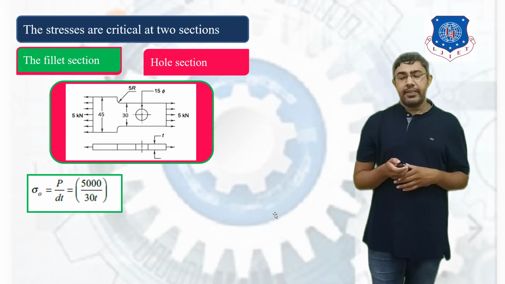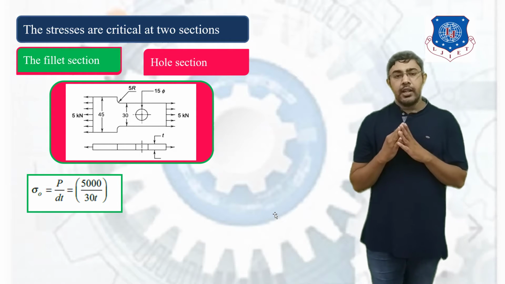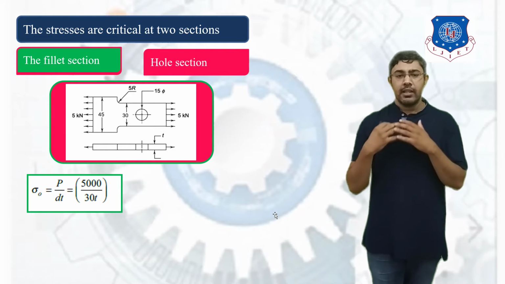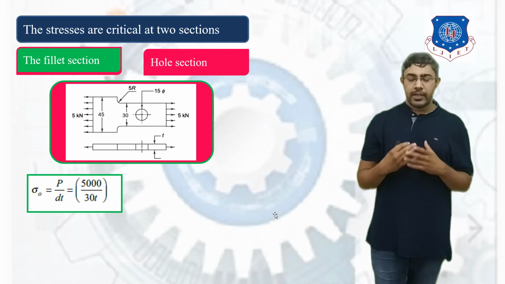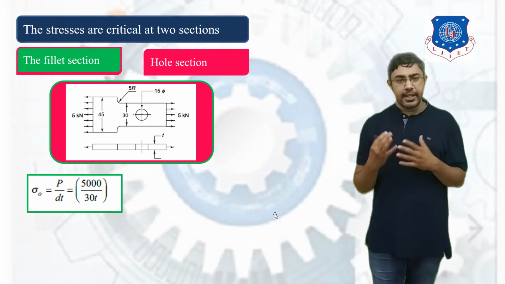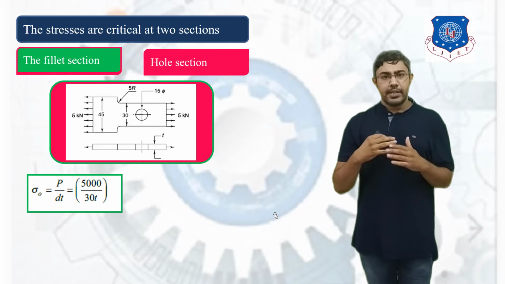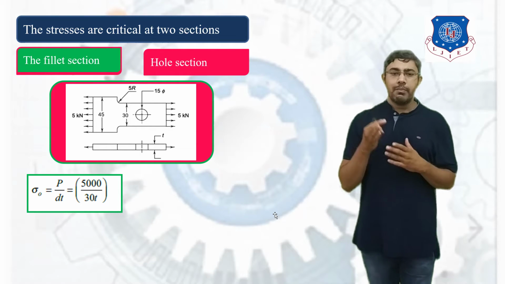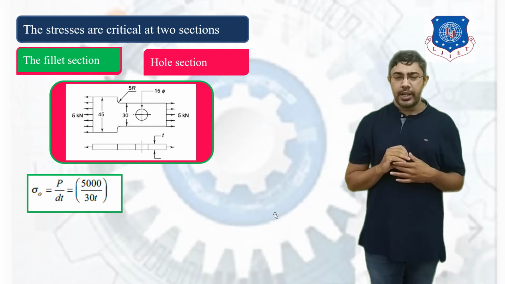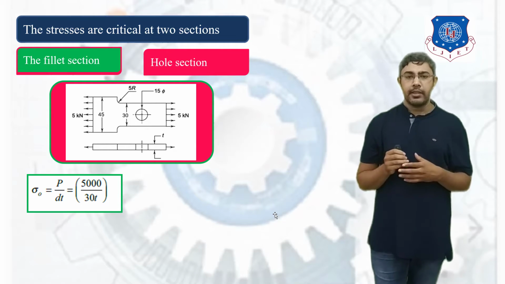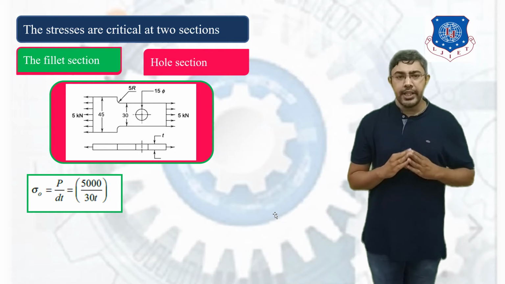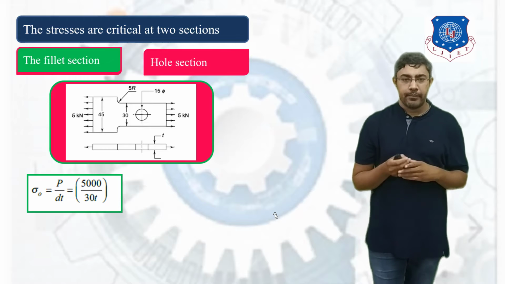To calculate the maximum stress at the fillet section, we first need the value of sigma 0, which is the elementary stress. Sigma 0 is equal to P upon d into t. P is 5000 N, and d is the smaller width of the plate, 30, into small t.